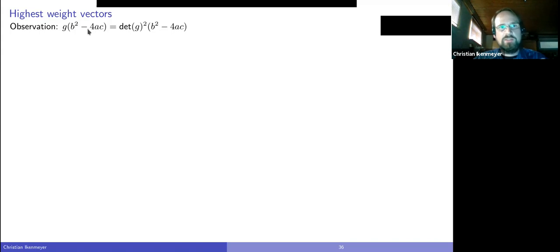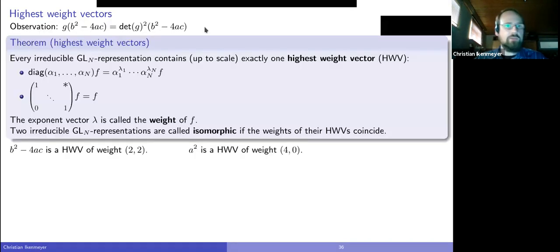So b squared minus 4ac, what's so special about it that it's able to actually cut out this variety? It's a highest weight vector, and that is just a polynomial that, if you act with a diagonal matrix, rescales the polynomial. So here, if you think of G being a diagonal matrix, having just alpha 1, alpha 2 on the diagonal, and you act on b squared minus 4ac, you rescale it by the determinant squared, which is alpha 1 squared times alpha 2 squared.